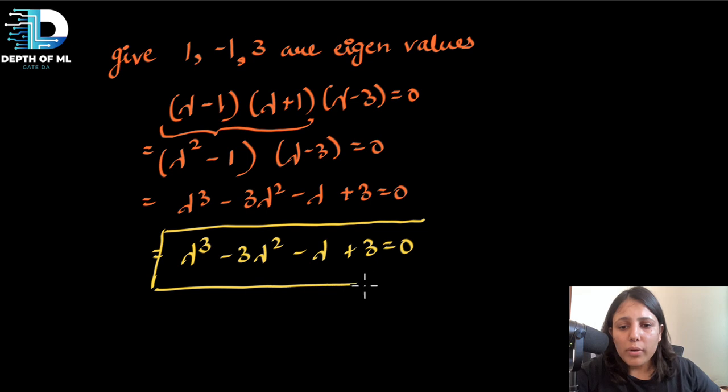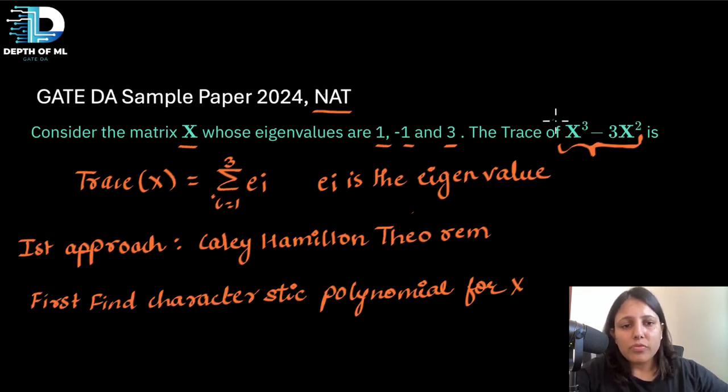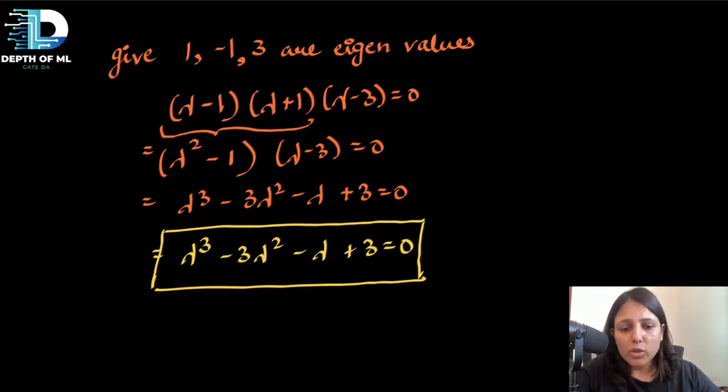Now what you have to observe is that the expression for which they are asking the trace is actually part of this polynomial equation. Can you see that X cube minus 3X square is already here? So we'll use this equation and the Cayley-Hamilton theorem to form an equal representation, and then see how to calculate the trace from there.